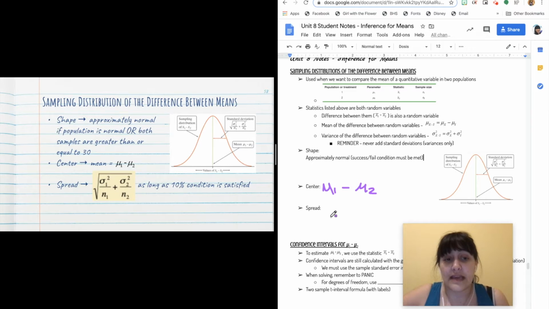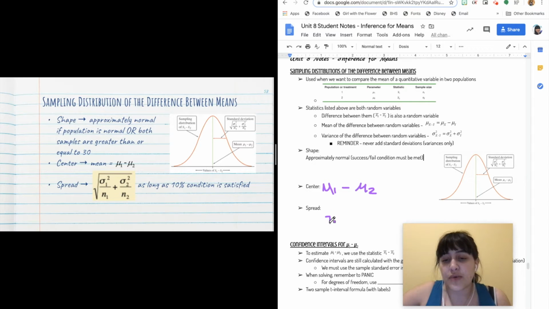And it should look like all of the other standard deviations we've done, except that we have to deal with variance here instead of standard deviation. The reason we have to do that is because we're adding and subtracting distributions. But it's still standard deviation variance over n. And see how you have that square root in there.